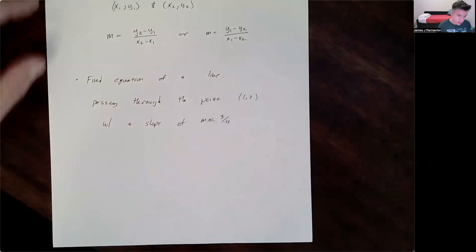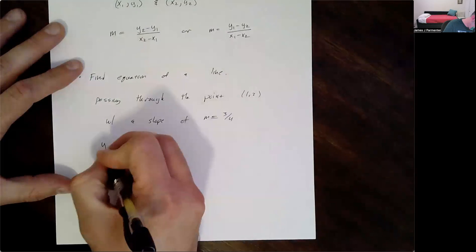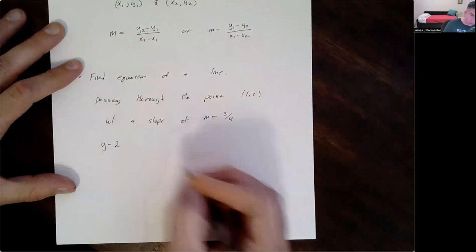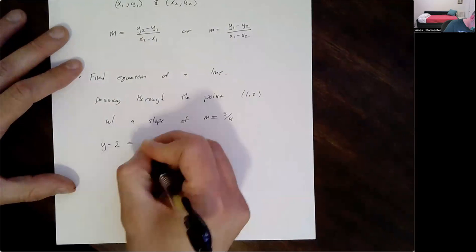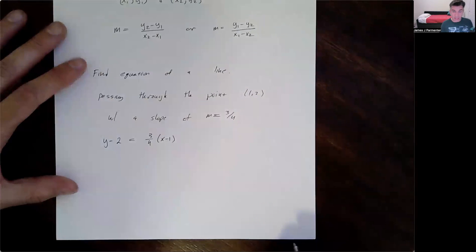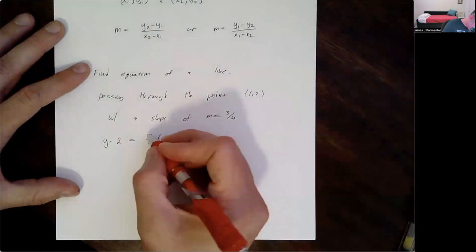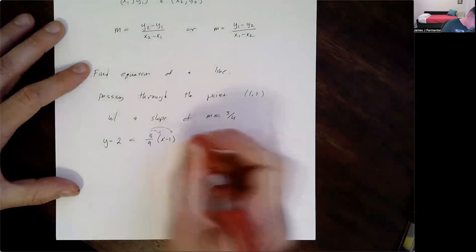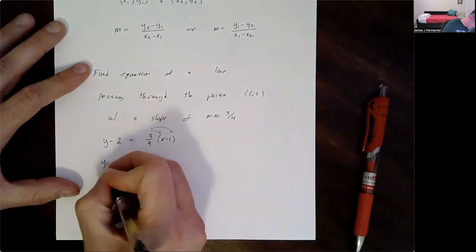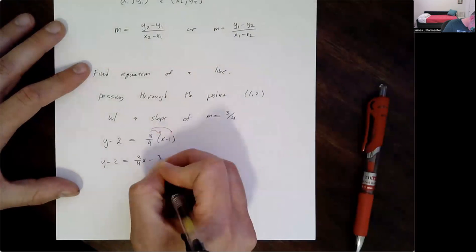There we go. So if I'm going to do this, I'm going to say y minus 2, the y coordinate, is equal to 3/4 times (x minus 1). And then I can just isolate y. So first I'm going to distribute the 3/4. I'm going to get y minus 2 equal to 3/4 x minus 3/4.